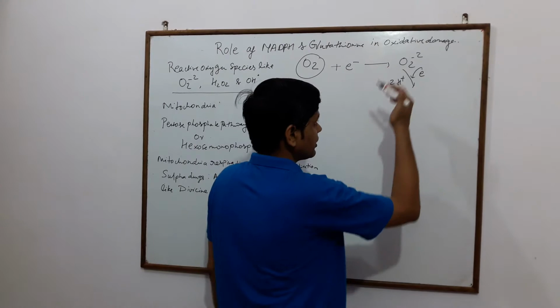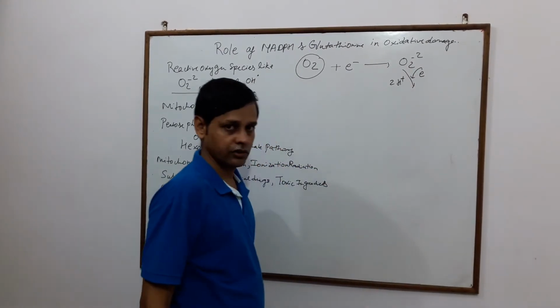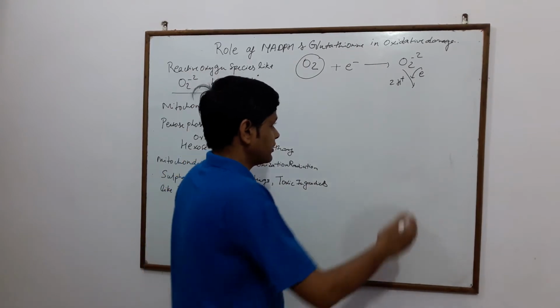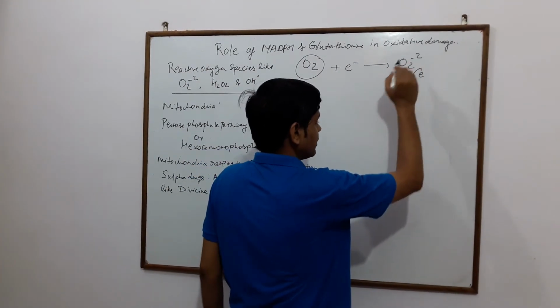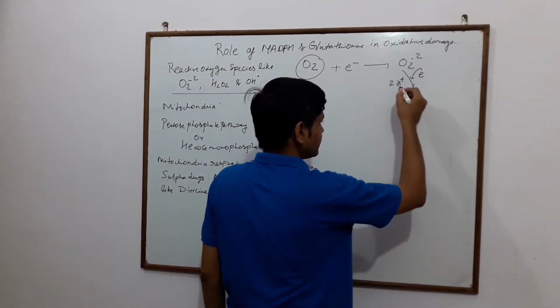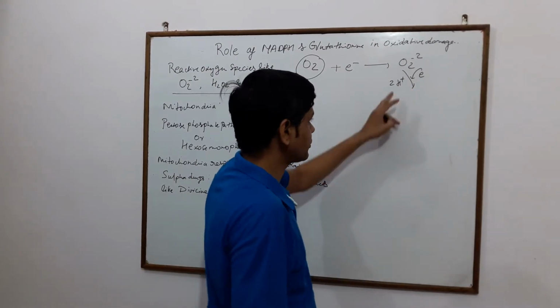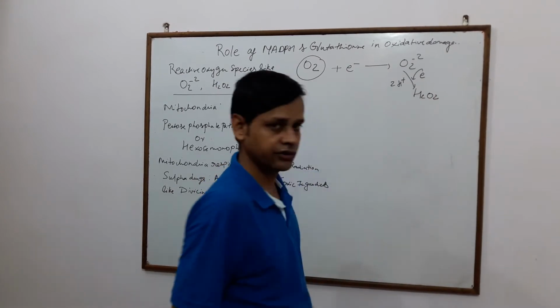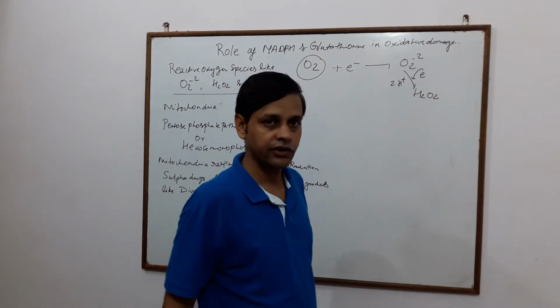So whenever the proton is coming through this pathway, these superoxide radicals react with 2 moles of protons and generate H2O2. This is called hydrogen peroxide.